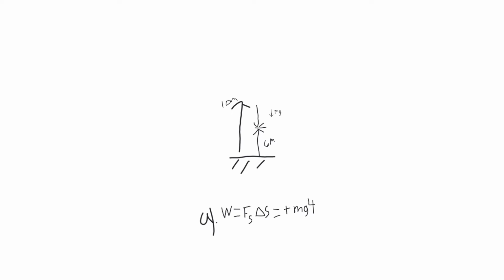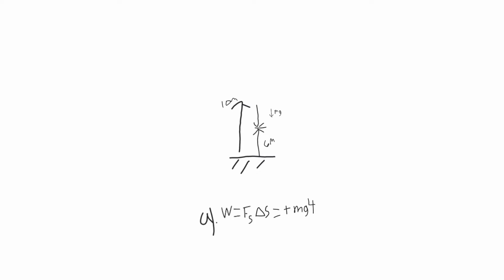Okay, so we begin this problem by saying that a particle with a mass starts at rest and moves a vertical distance in the presence of a gravitational field, right?